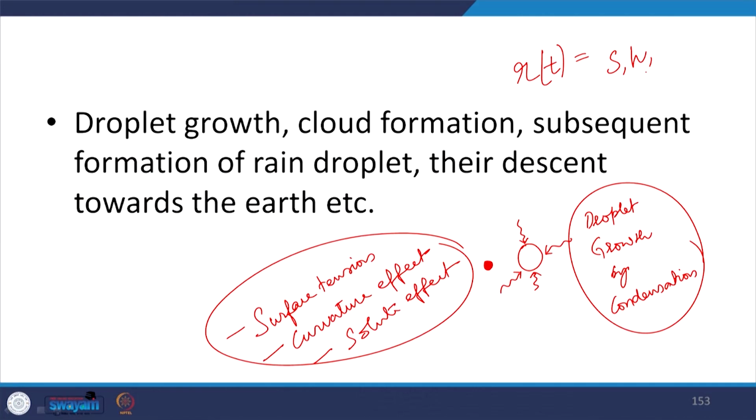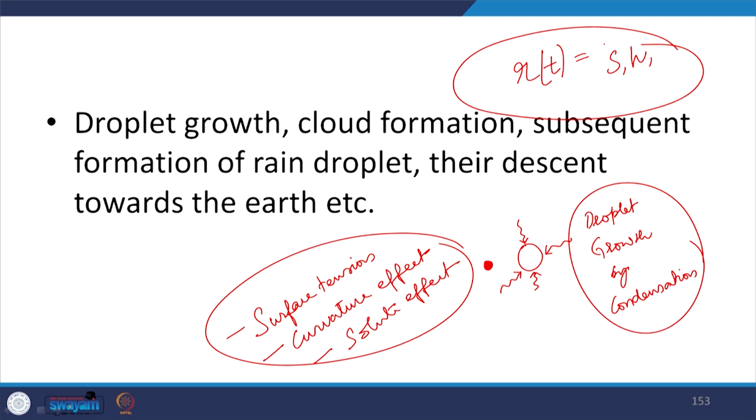That means, if we are able to write down a relation for the radius of the droplet as a function of time in terms of parameters such as the amount of saturation, the moisture content, the humidity, the role of dew point temperature, and so on, then our objective is done. So, we will lead towards the mathematical treatment of droplet growth by condensation, right.